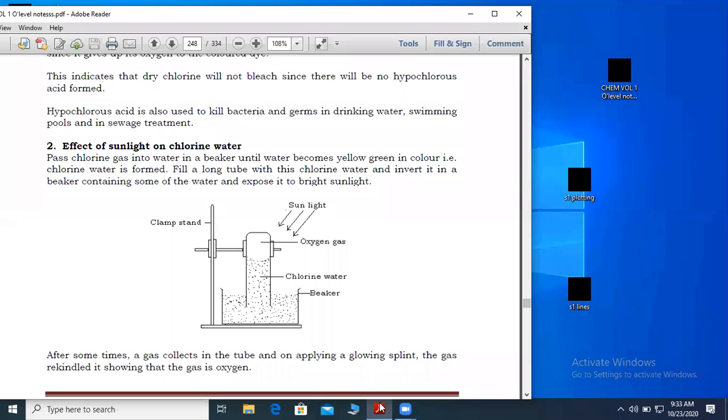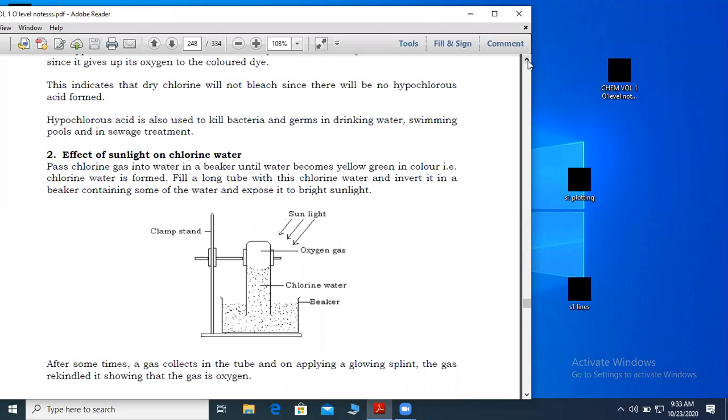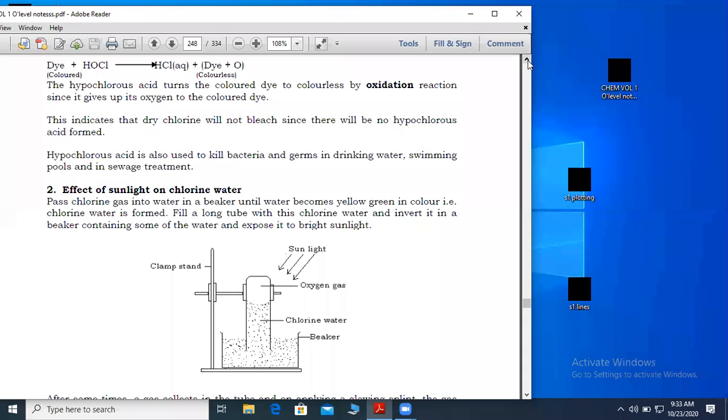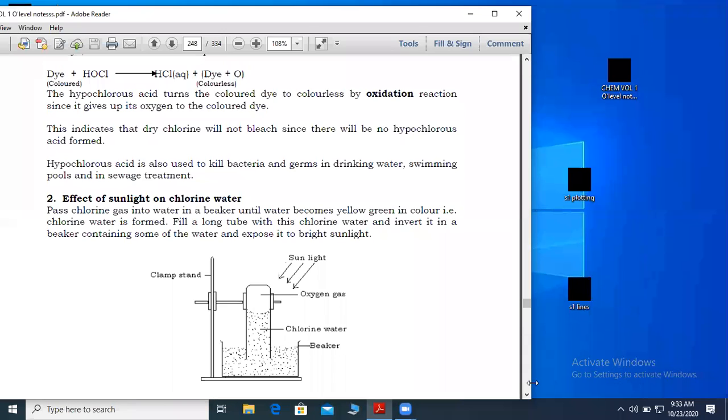Isaac, how do we test for oxygen gas? The use of a burning splint. Ruth.